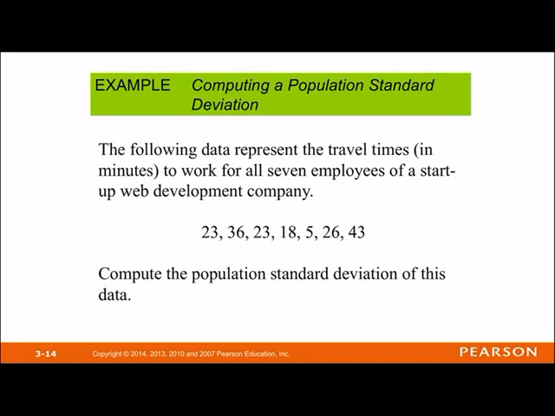The formula we're going to use is sigma equals the square root of the sum of your x's minus mu, the mean, squared, all over n. The first thing we did was find the mean. To find the mean, you're just adding up all 7 numbers and dividing by 7.